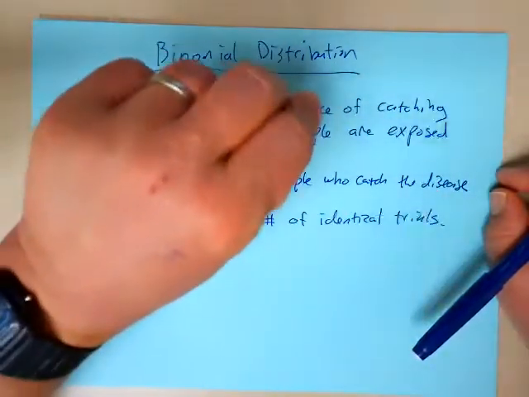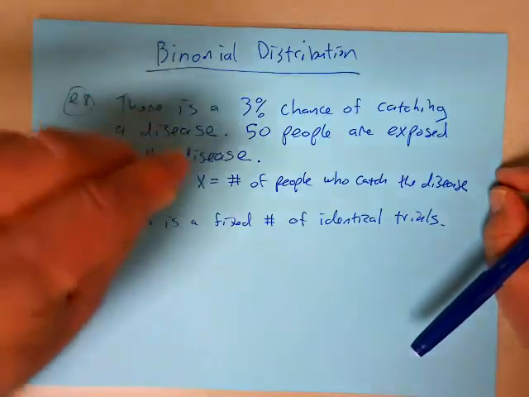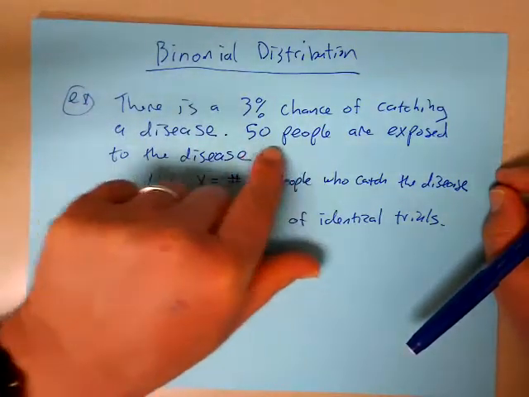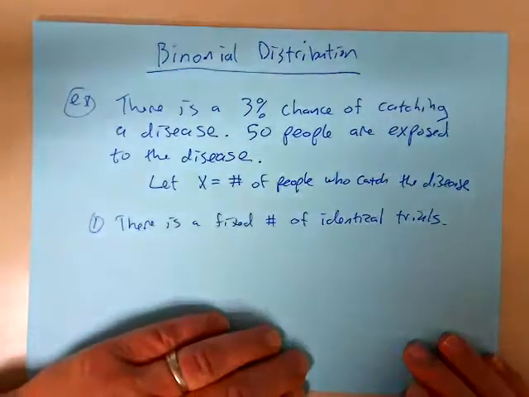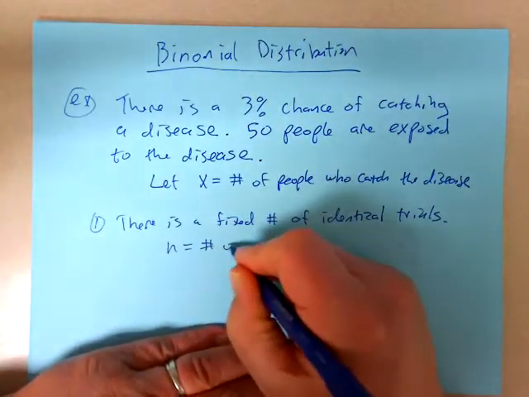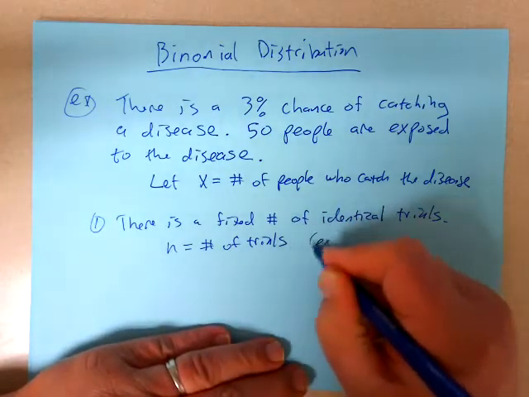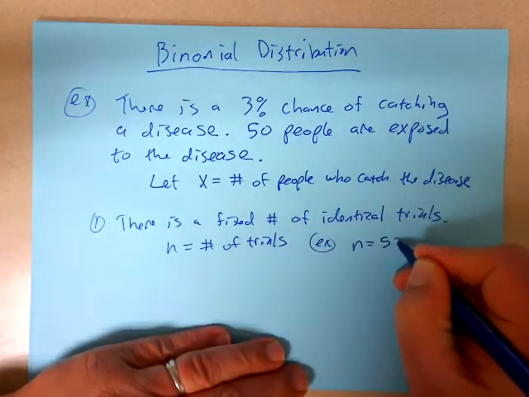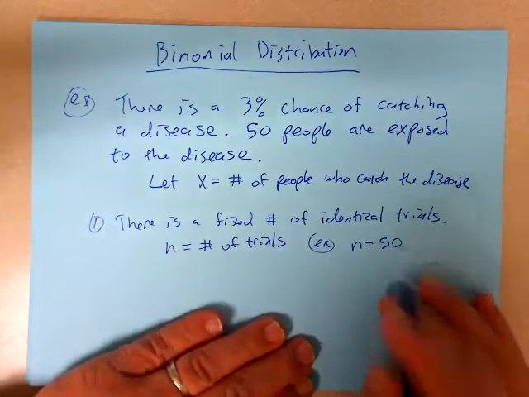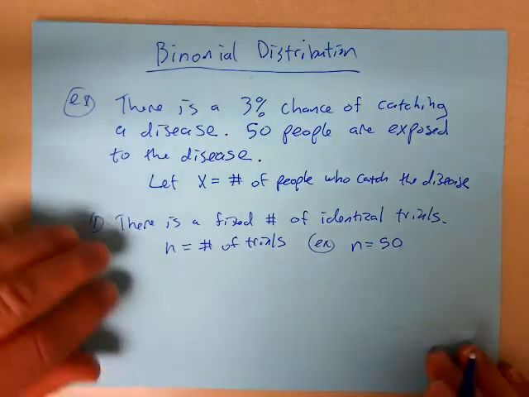So each person is a trial where they get exposed and either they catch it or they don't. So in this case, there's 50 people. So n is equal to the number of trials, and in this case, n is equal to 50. These numbers are going to be important because they go into the binomial probability formula in a minute.